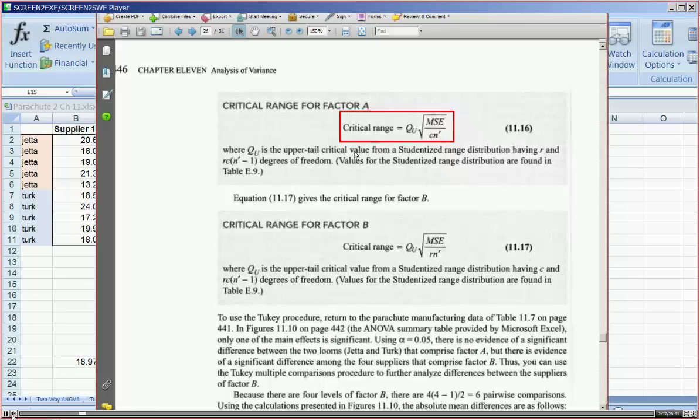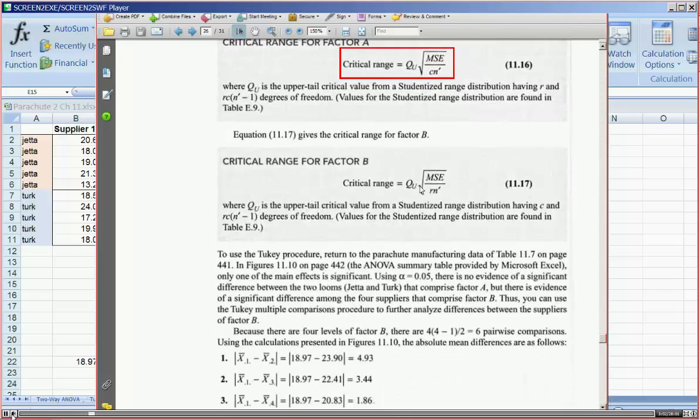Q sub U is the upper tail critical value from a studentized range distribution, which we actually found on the internet, having R and RC times n prime minus 1 degrees of freedom. That's for factor A, the type of looms. We have 2 levels of factor A.